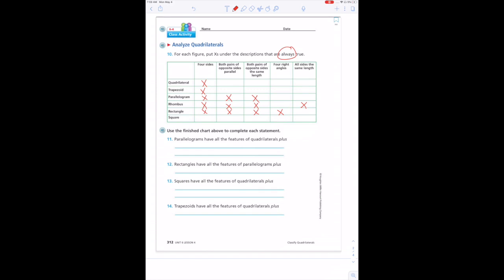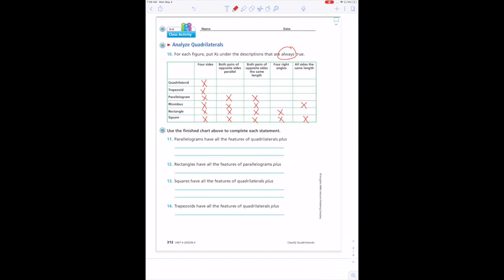So we know that a square has 4 sides the same length, opposite sides are parallel, opposite sides are the same length, there has to be 4 right angles, and they have to be the same length, okay? Good job.